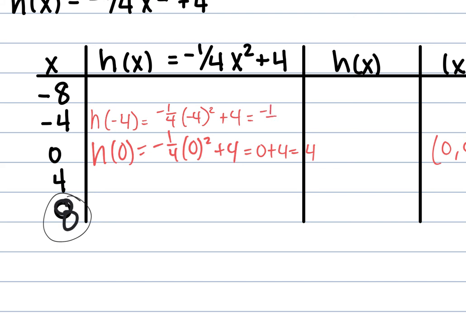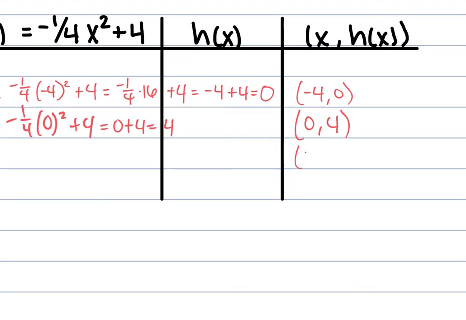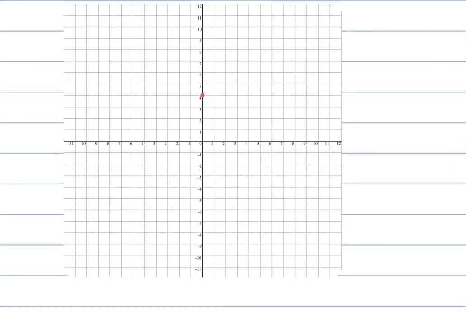So that's negative 1/4 times positive 16 plus 4. Multiply before you add, and you should get negative 4 plus 4, which will give you 0. Your second point should have been negative 4 comma 0, and you should have gotten the same thing down here, 4 comma 0. So your next 2 points should have been negative 4, 0 and 4, 0.